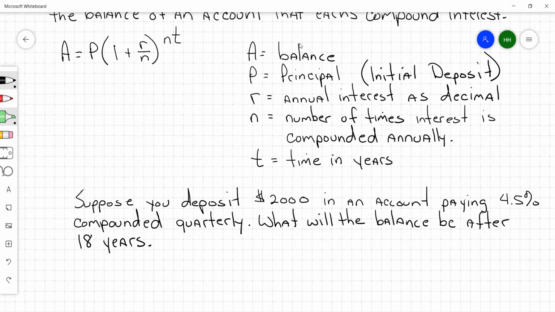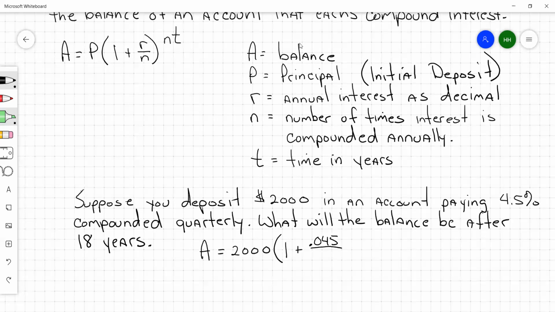So here is our formula. We're going to say that A is the amount that this account's going to be worth. P is the principal balance, that's your $2,000 that you put in the bank. 1 plus the annual interest rate as a decimal, 4.5% as a decimal, that's 0.045, over n, the number of times interest is compounded annually.